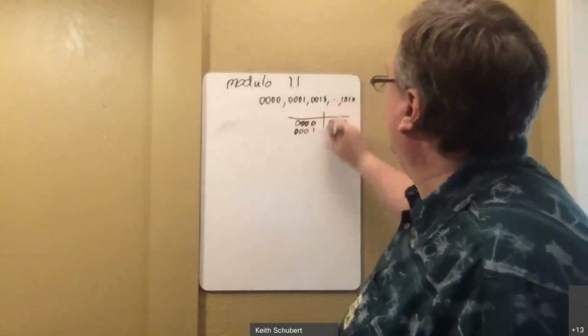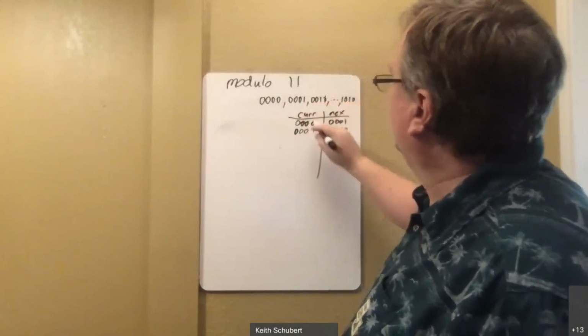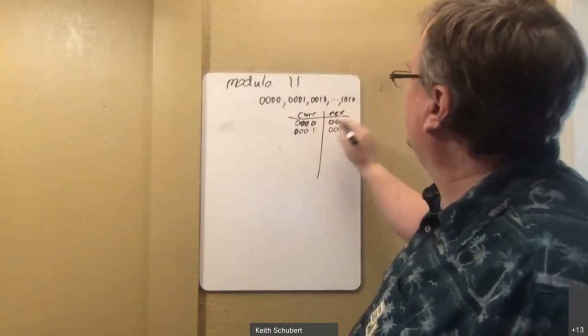So I've got my current and my next. And for a counter, the next is just going to be 1 bigger.